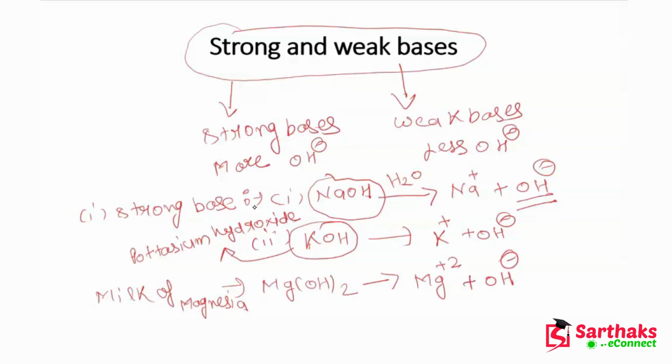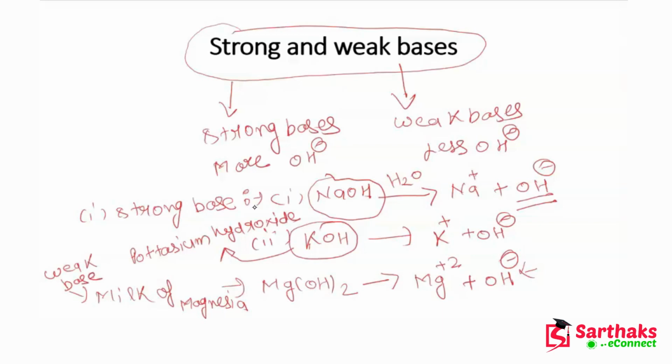I hope these things are clear to you: the bases which dissolve more in water, or give more OH- ion, are known as strong bases, and the bases which give less OH- ion are weak bases. This milk of magnesia is an example of a weak base.